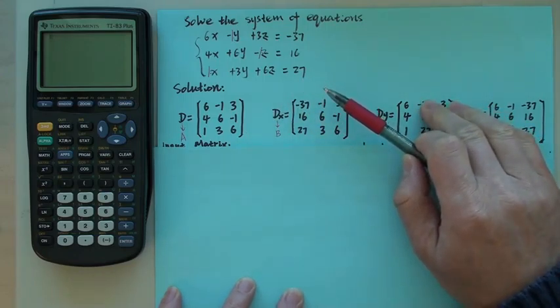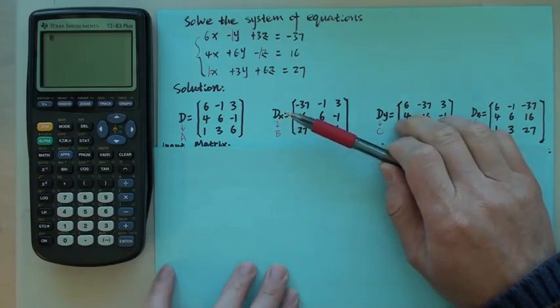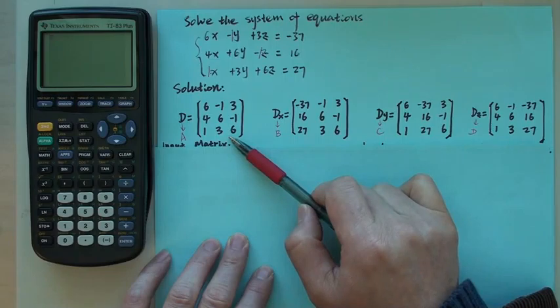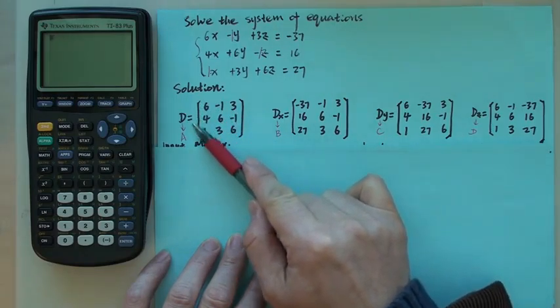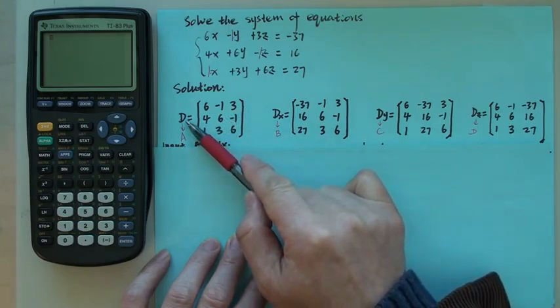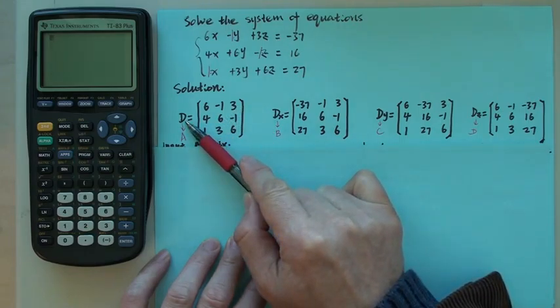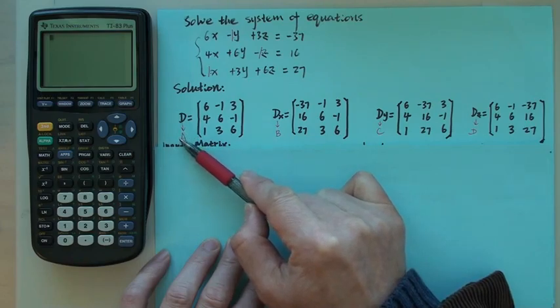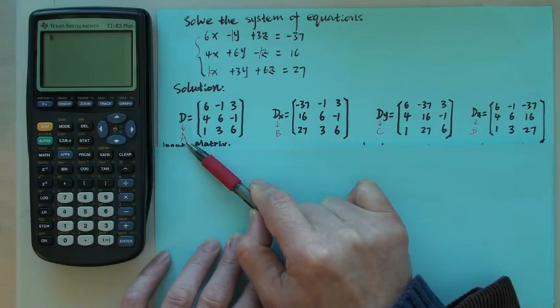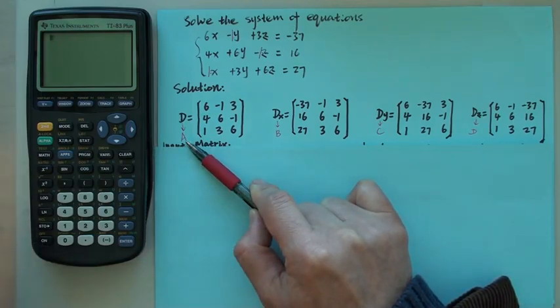Now, here we like to use a TI-83 calculator to calculate the determinant of this coefficient matrix. We want to put the coefficient matrix D into A in the calculator. A stands for a matrix in the calculator.